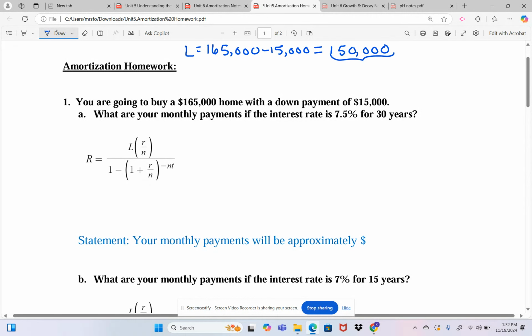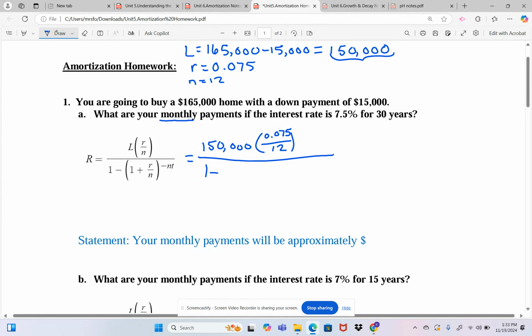So we know our L. So when I'm setting this up, I know 150,000. Now, what's the interest rate? What's the lowercase r? Yep, 0.075. N is how many times you're paying a year. This says monthly, so N is 12.